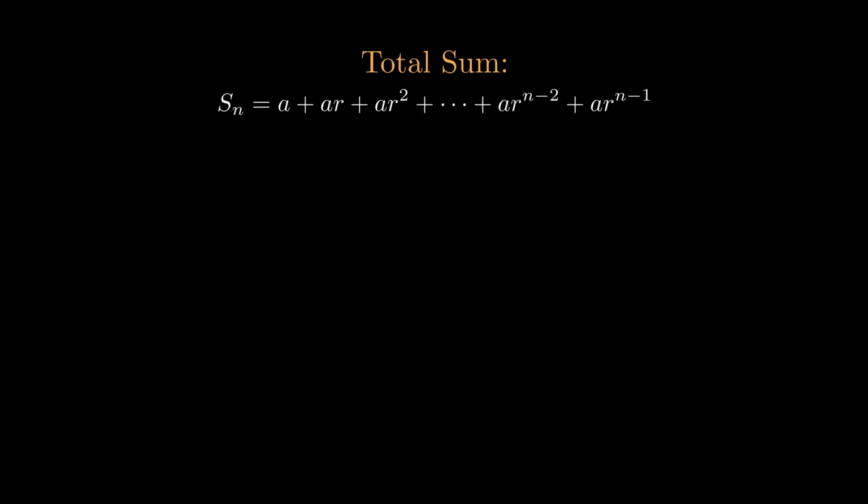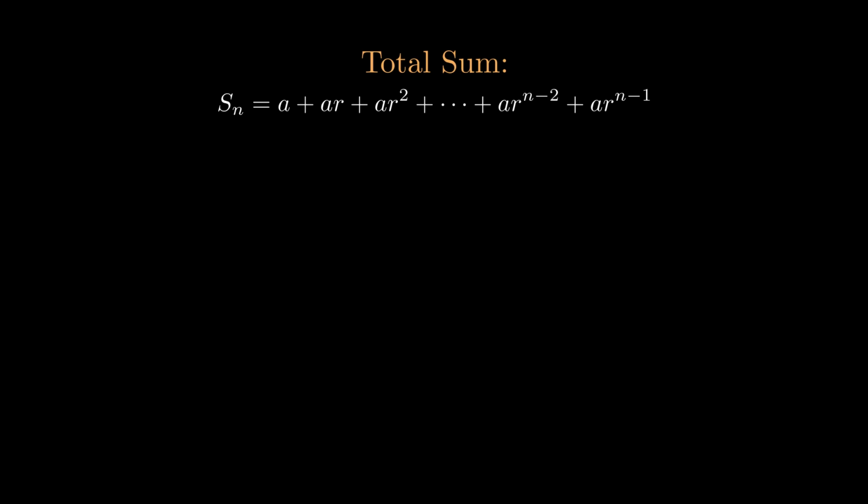We write out the series carefully. The first term is A. The second is A times R. The third is A times R squared. We continue this pattern, square by square. Notice the final term is A R to the power of n minus 1. This is because on the 64th square, we have only doubled the first grain 63 times.